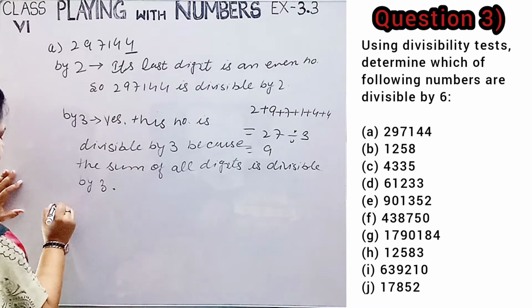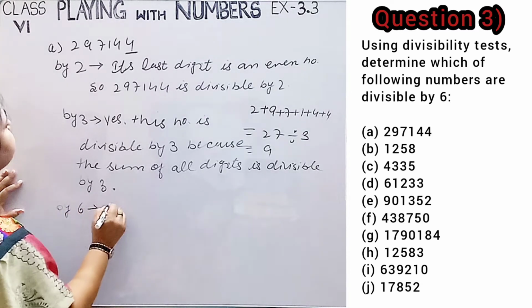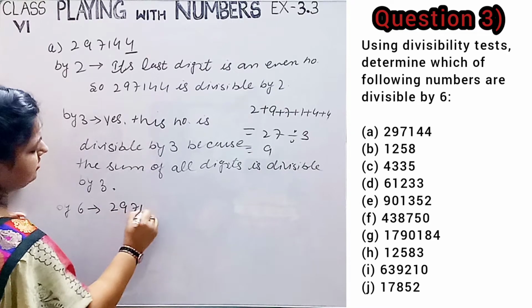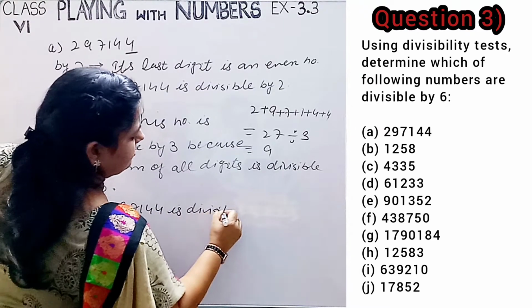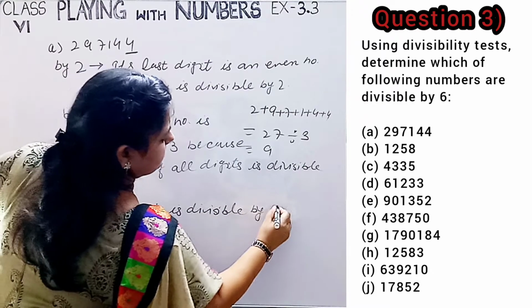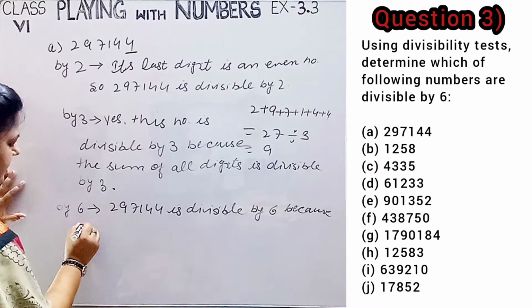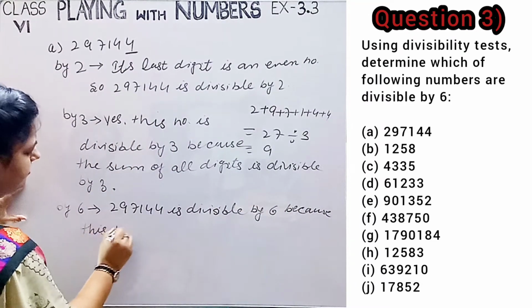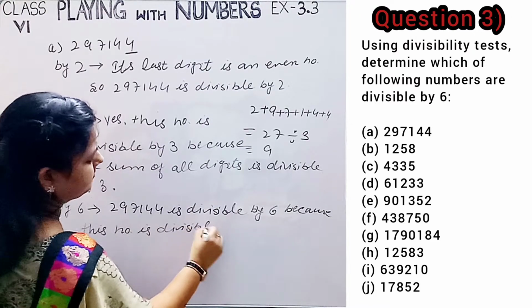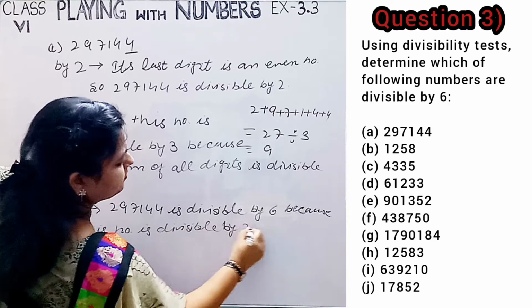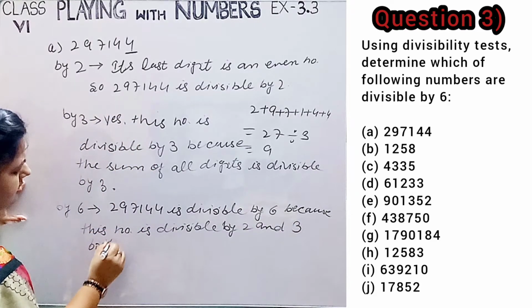So yes, by 6, 297,144 is divisible by 6 because this number is divisible by 2 and 3 both. Answer.